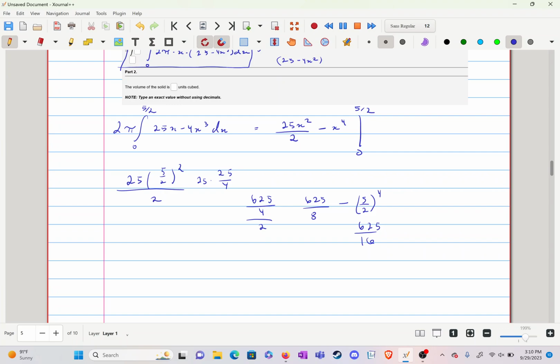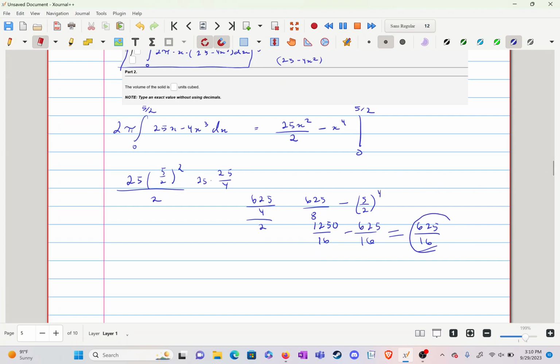I believe that's correct. Let's double check my math here. 625 seems to be right. I'm going to multiply that 625 by 2 to get the denominator to 16. That's 1250, and we can subtract this. We know that's just going to be 625 over 16.